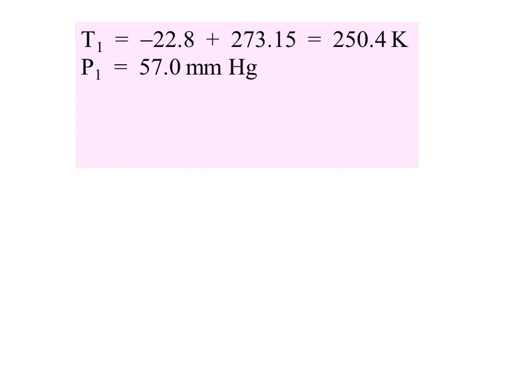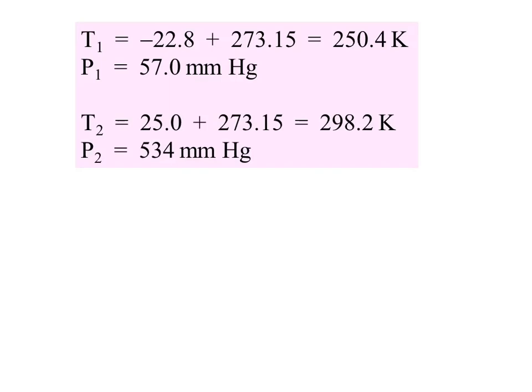Right off the bat, what I do here with the first and the second point is fix the temperature from Celsius to Kelvin because I know I've got to do that.